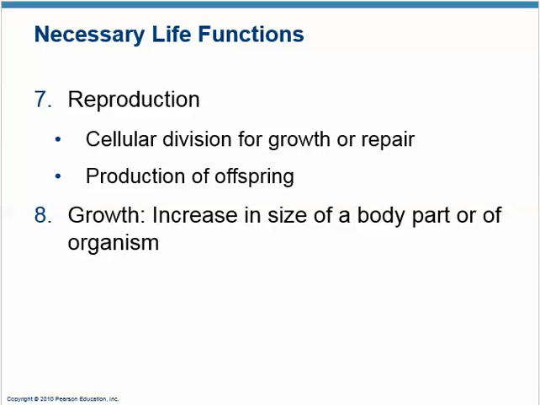That became 2, which then became 4, 8, 16, and so on, until you became a fully human body. That cellular reproduction is considered reproduction, not just the production of offspring. And growth happens in living things. So this is kind of a list of things that are necessary.